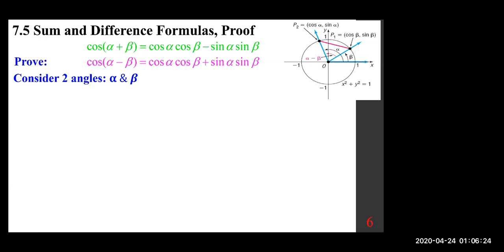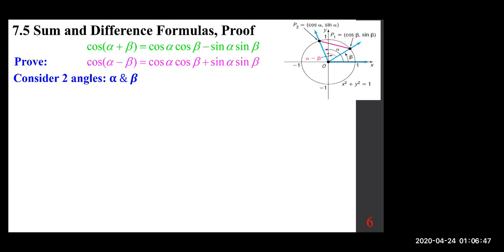That represents that angle, if you will. Whereas beta is the smaller of the two, and P sub 1 represents that point. So let's look at those points and understand what the coordinates are. This is a unit circle, everybody.